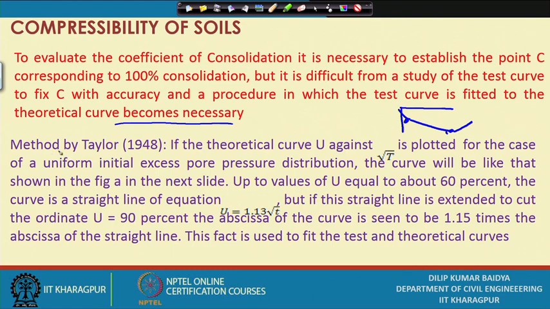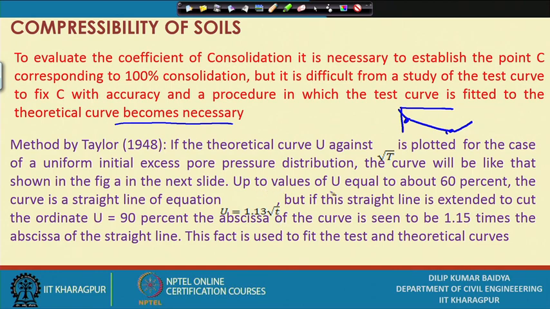So, one such technique was proposed by Taylor, who first observed the theoretical curve, u versus root t plotted, in uniform excess pore pressure distribution. The curve will be like that shown in figure A in the next slide. So, I will come to that figure.